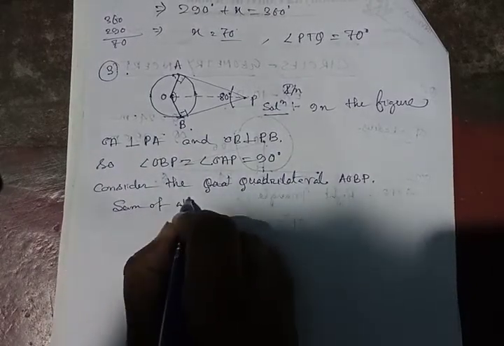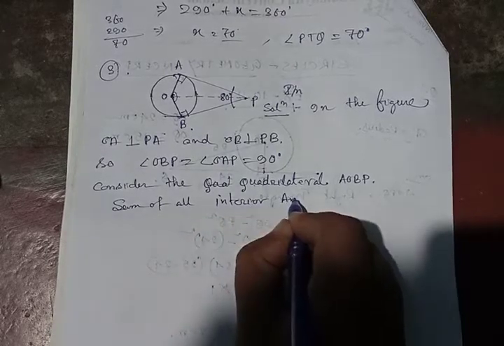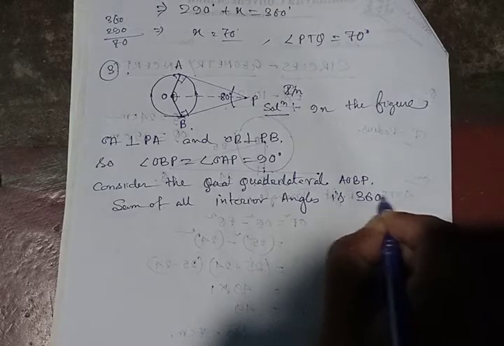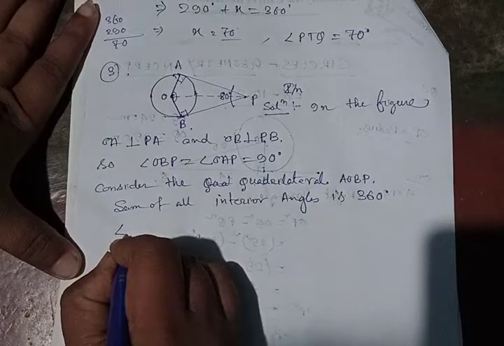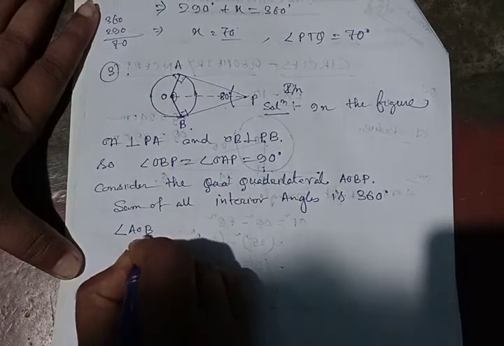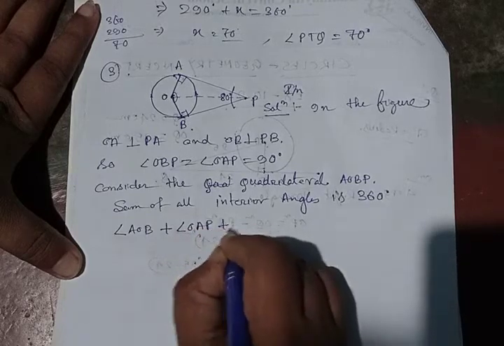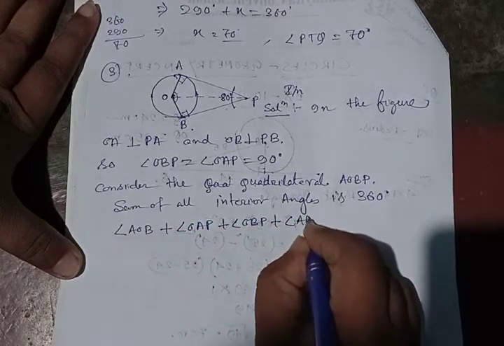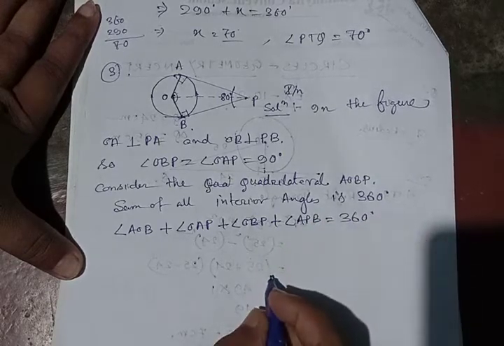Sum of all interior angles is 360 degree. That means angle AOB plus angle OAP plus angle OBP plus angle APB equals 360 degree.